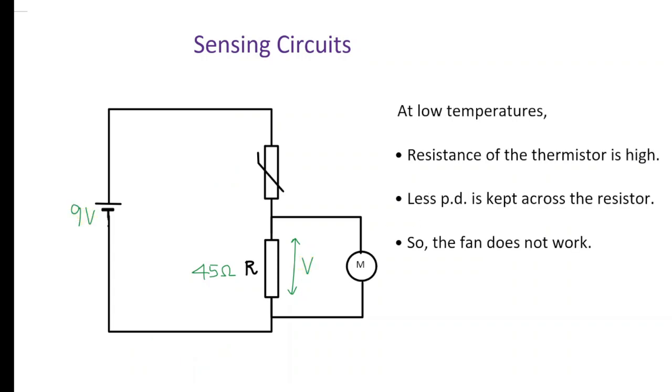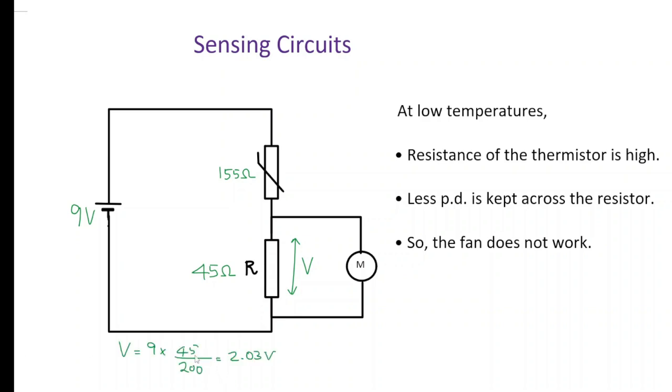Now let's see what happens when the temperature is low. At low temperatures, the resistance of the thermistor is high. Let's think of some random value again. Let's call this one 155 ohms, a higher resistance. Now let's see what the PD is across the fixed resistor and the motor.